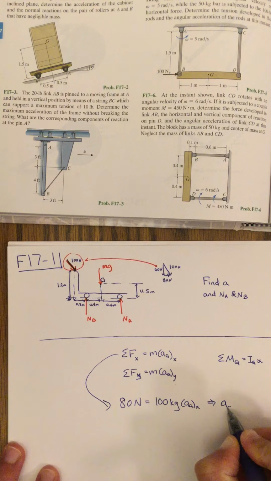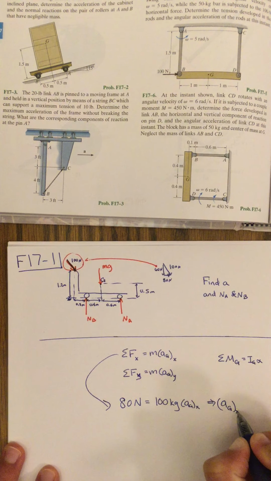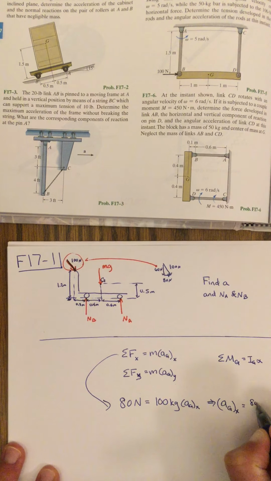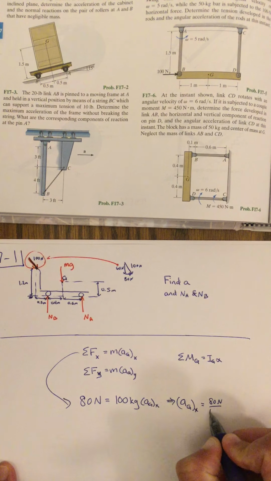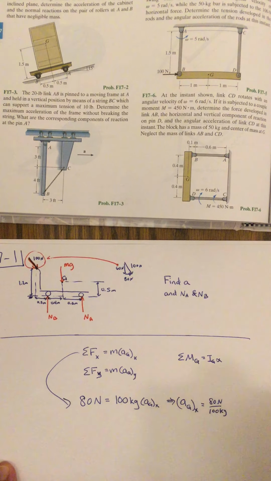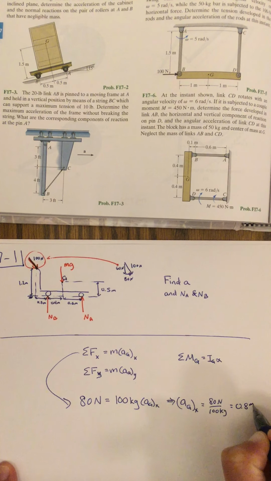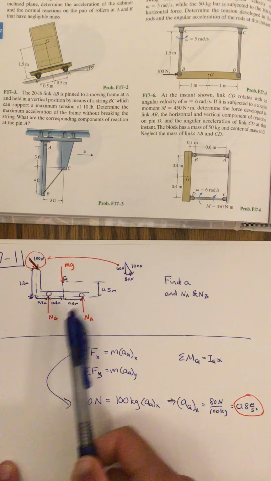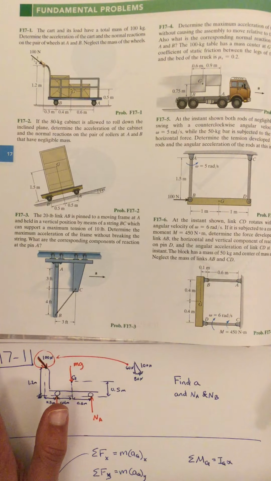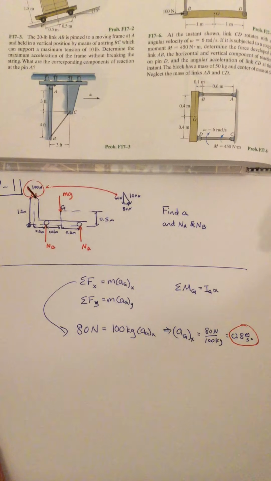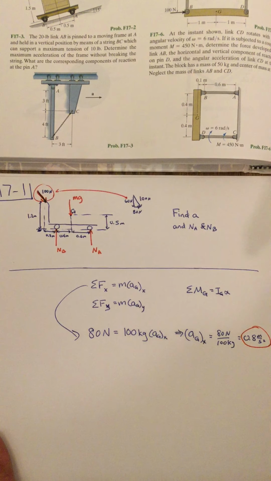So the acceleration is equal to 80 newtons divided by 100 kilograms, and that is 0.8 meters per second squared. That's the acceleration that they asked us to find. So the cart is only moving in the horizontal direction, so the x component is the acceleration.